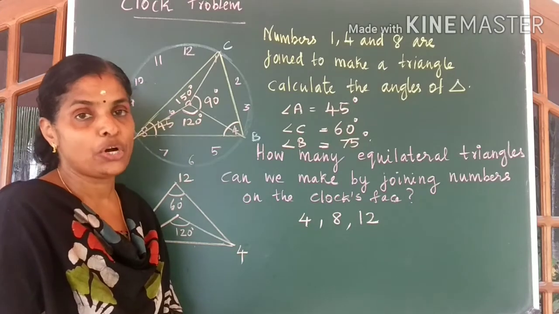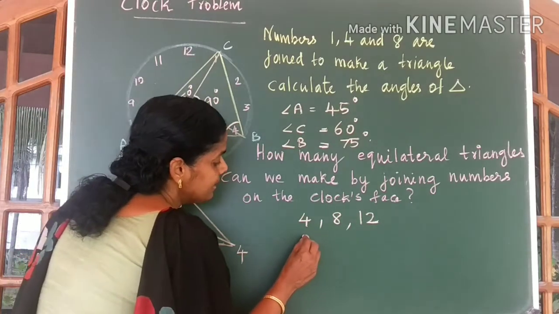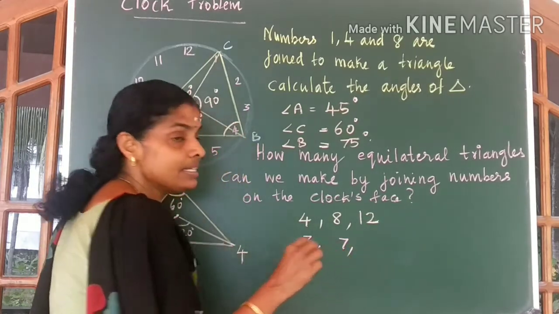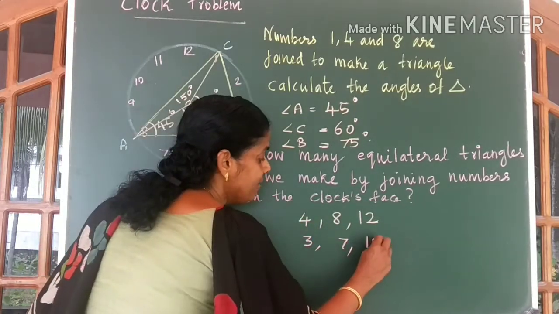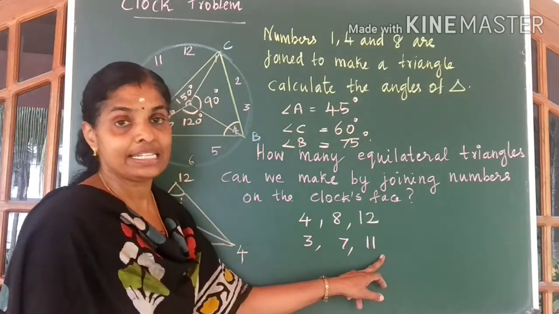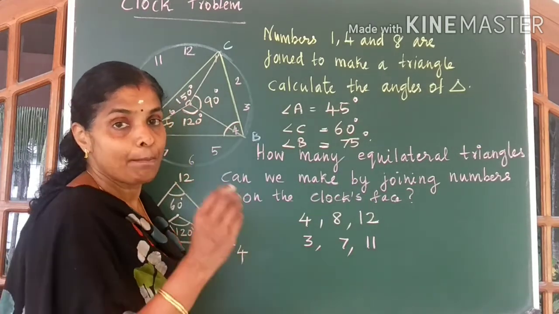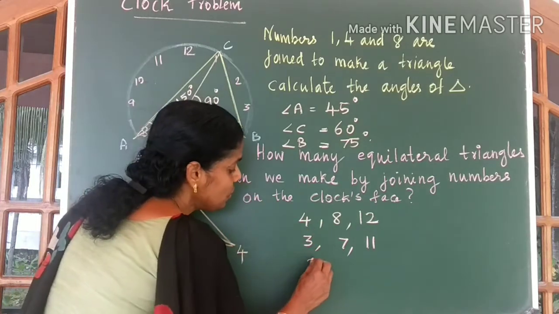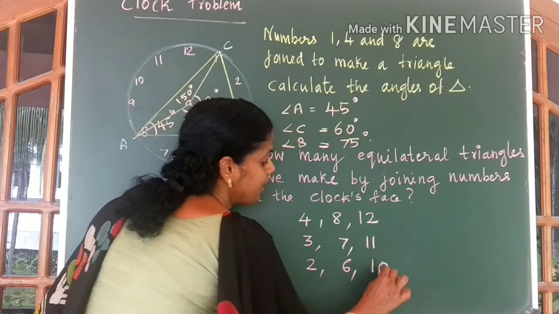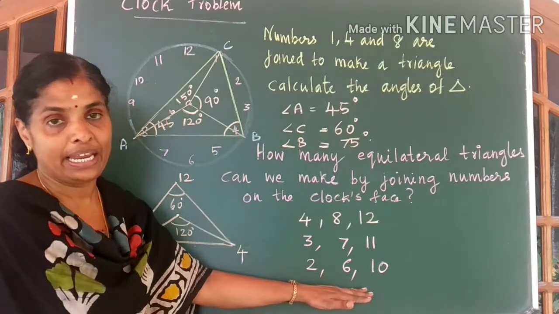Similarly, by joining the numbers 3, 3 plus 4, 7, 7 plus 4, 11, we would be able to get an equilateral triangle. Also, by joining the numbers 2, 2 plus 4, 6, 6 plus 4, 10, we will get an equilateral triangle.